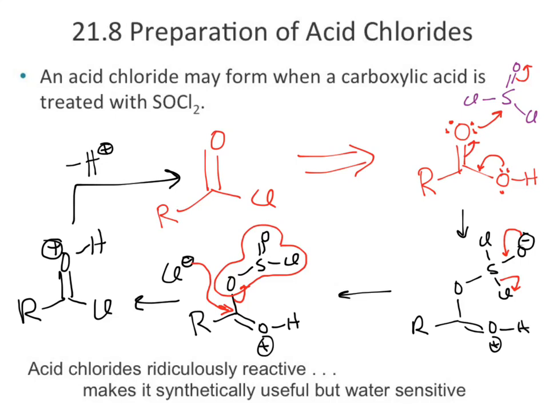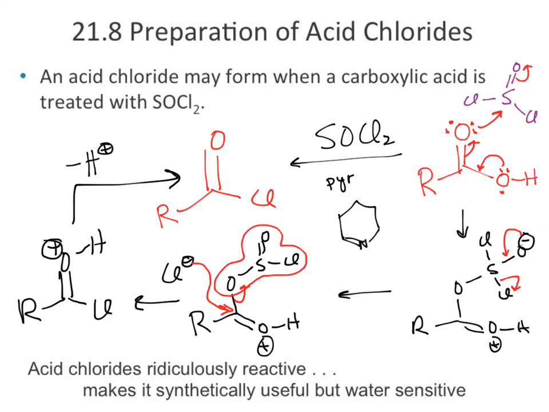So typically, one of the things that you'll see attached along with this is not just SOCl2. So now I'm going to turn my retrosynthesis arrow around. You'll see SOCl2 to swap our OH for a Cl, but you'll also see PYR, which stands for pyridine.